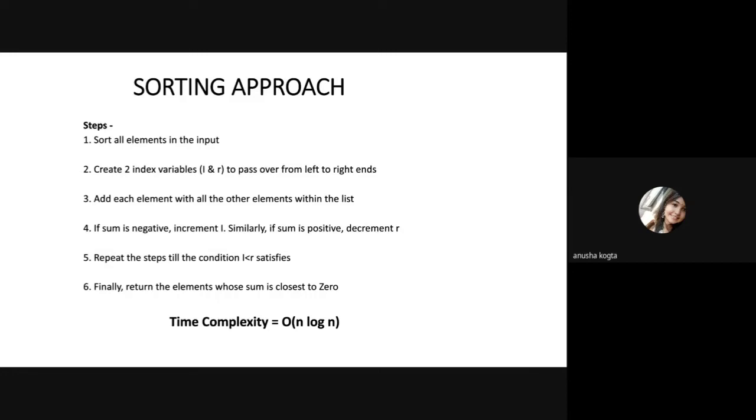Now we create an if condition: if the sum is negative then we increment L, and similarly if the sum is positive then we decrement R. Then we repeat the steps until the condition L is less than R is no longer satisfied, and finally we write out the elements whose sum is closest to zero.